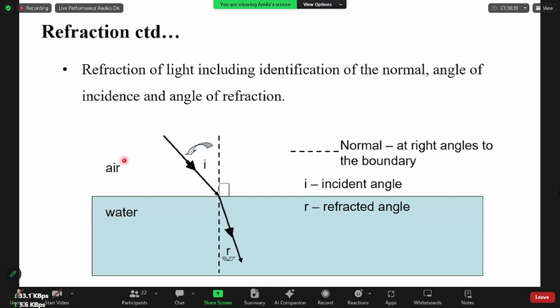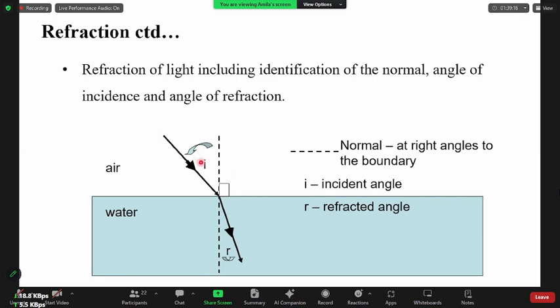Here you definitely should have two mediums. This is the incident ray, this is the refracted ray, and this line, perpendicular to the boundary, we call the normal, which is a line drawn at right angle to the boundary.